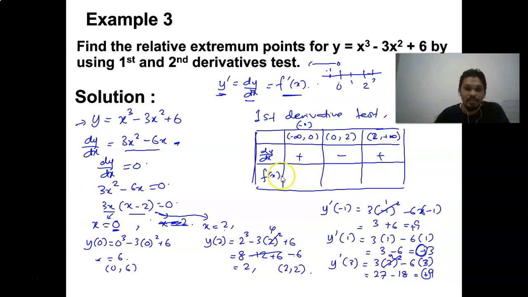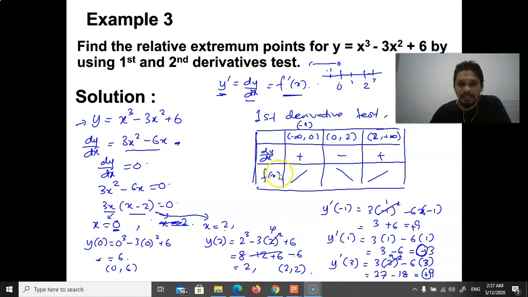Okay, so if we substitute the values into the function, it's going to give you a graph of increasing, decreasing, and increasing. Okay, class, I think I made a mistake here.